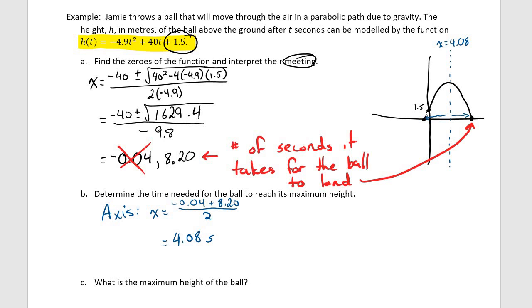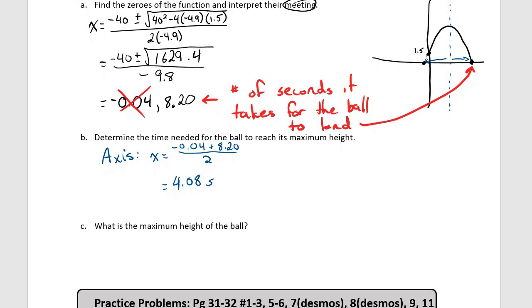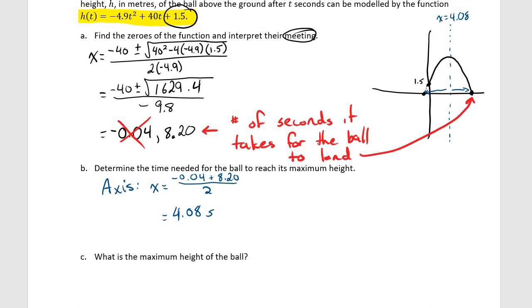Then it asks us to find the maximum height of the ball. That's going to be the value of h at this axis. I just noticed that I have been using x's instead of t's. I apologize for that. Sometimes we get so used to using x's and y's that we don't notice when questions ask for things in a different way.